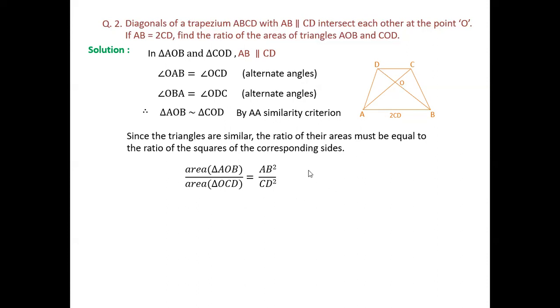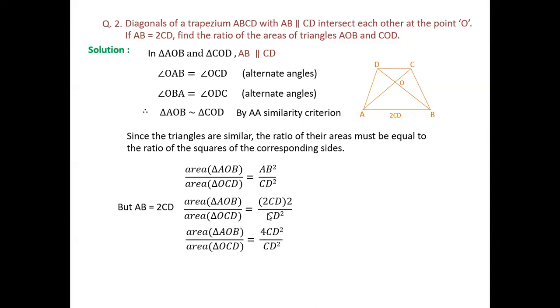But AB is equal to 2CD. So when you take 2CD whole square upon CD square, 2 square is 4 and CD square upon CD square cancels. You will be left with 4 upon 1. So ratio of their areas AOB and COD is 4 is to 1. Question 3.